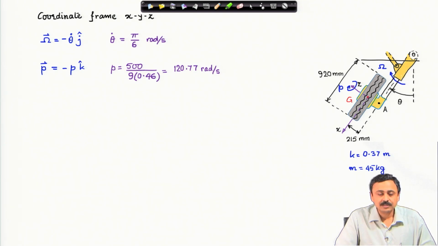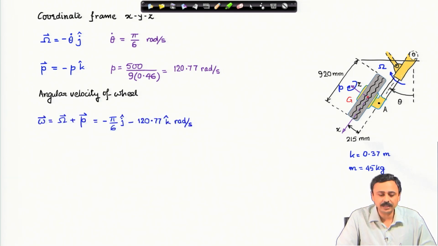Therefore, the spin of the wheel is minus p k cap, and p can be determined from the takeoff speed, which is 200 km per hour. That is 500 by 9 meter per second, and the radius of the wheel is 0.46 meter, the diameter being 920 millimeter, and that gives us the spin of the wheel as 120.77 radian per second.